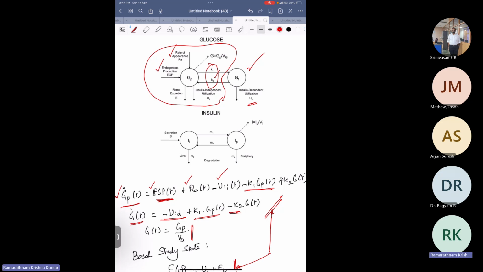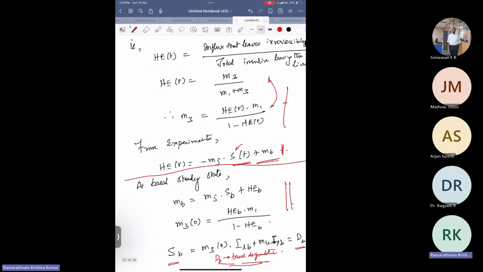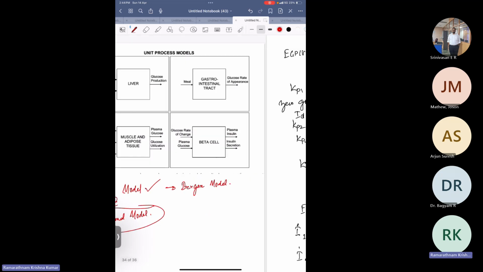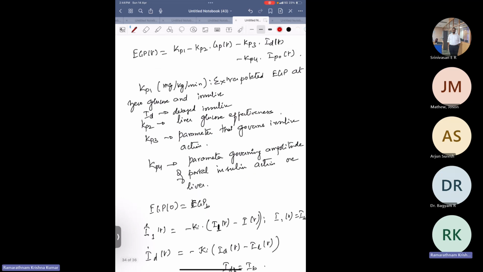So what is EGP? There's exogenous, and endogenous. Now let us look at endogenous production. There are a number of processes, and we're going to look at one such process, endogenous glucose production. So what is endogenous glucose production? How do I write it?